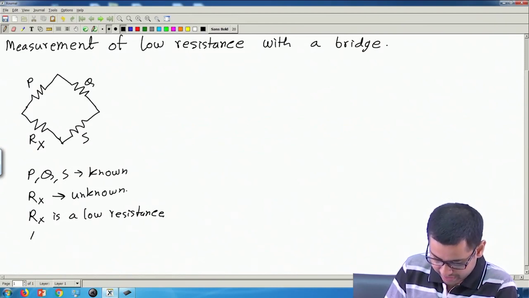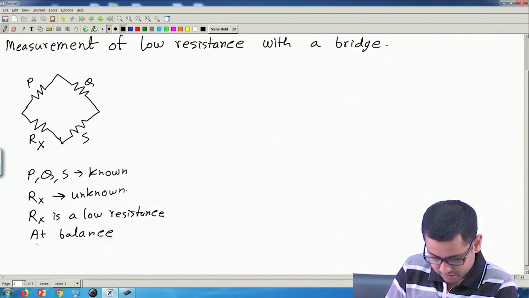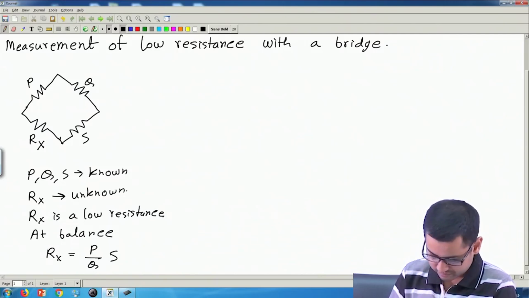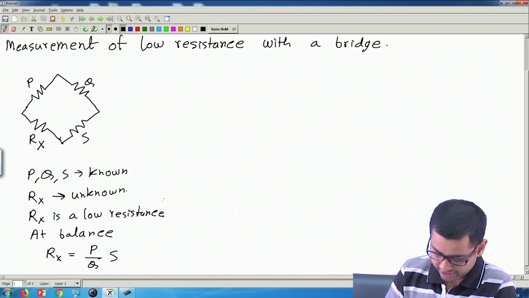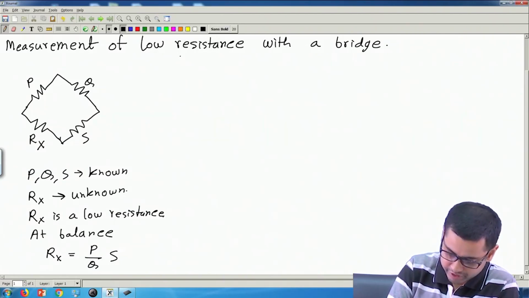Because at balance we will have Rx equal to P by Q multiplied by S, and we will run into problems if any resistance is small. So, we can choose possibly P and Q to be of higher or medium value.